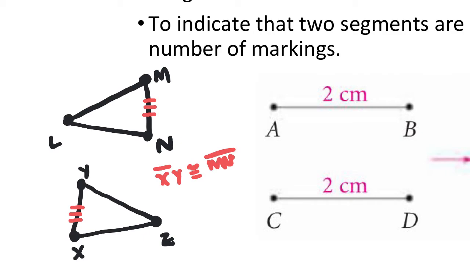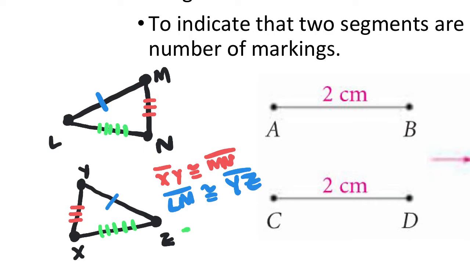I could use 1 marking and 1 marking to show that LM is congruent to YZ. And I could decide to use 5 markings if I really wanted to, 5 markings over here to show that XZ is the same as LN. But the idea is as long as they have the same number of markings, they're deemed congruent.